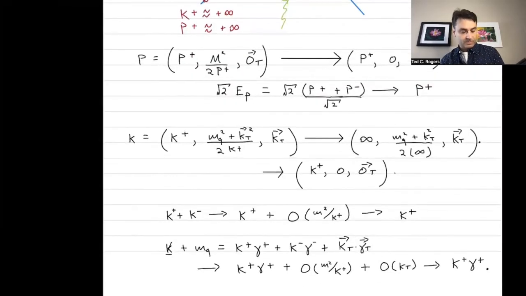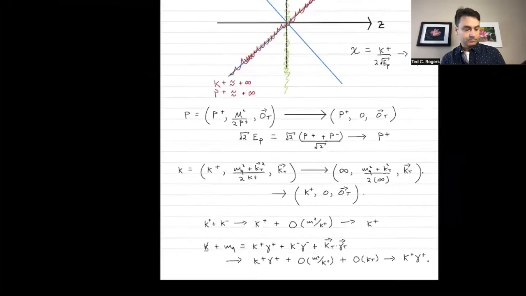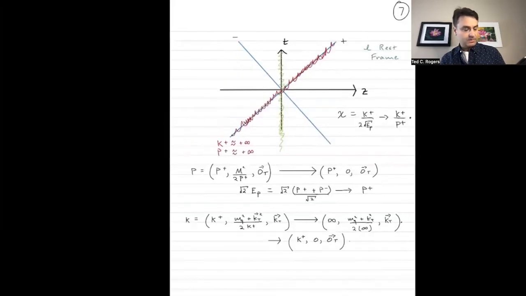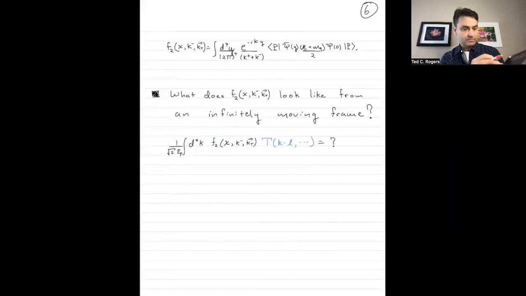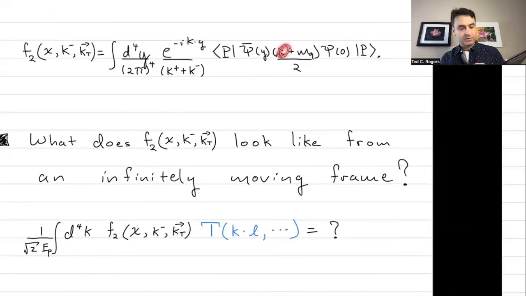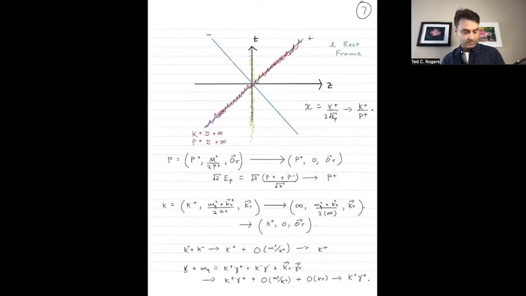Similarly, remember this expression that we got where we had K slash underline. Okay. So now I'm looking at this piece of our previous expression, this K underline slash plus MQ.